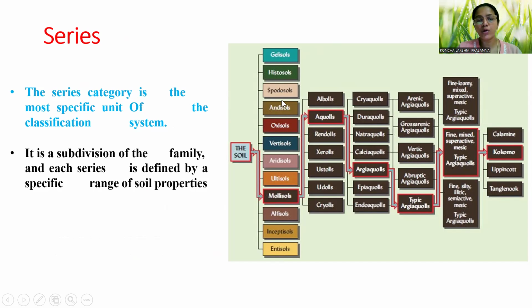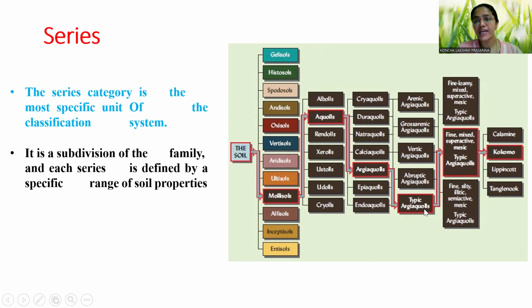So here you can see the different soil orders like gelisols, histosols, spodosols, andisols, oxisols, vertisols, aridisols, ultisols, mollisols, alfisols, inceptisols, entisols. So this comes under the suborder, that is albolls, aquolls, rendolls, xerolls, ustolls, cryolls. Then the great group: trriaquolls, duraquolls, natraquolls, calciaquolls, agriaquolls, epiaquolls, endoaquolls, which comes under the subgroup: proaquic agriaquolls, vertic agriaquolls, abruptic agriaquolls, typic agriaquolls.